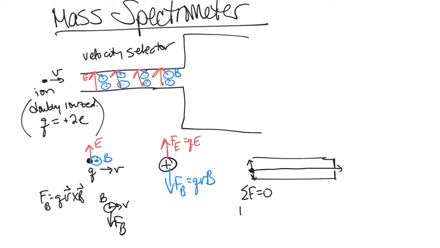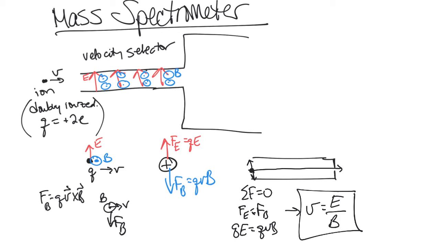Which means that those two magnitudes have to be equal. So QE equals QVB. So we can dial our values of the electric field and our magnetic field in this region so that we get a very particular velocity of particle that goes straight through here. Okay? Cool.